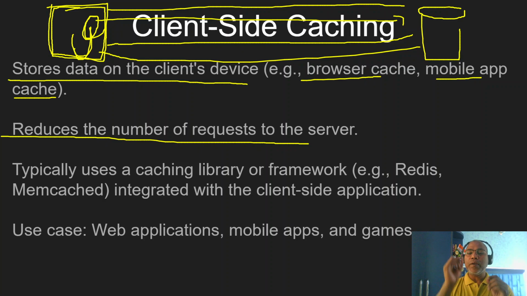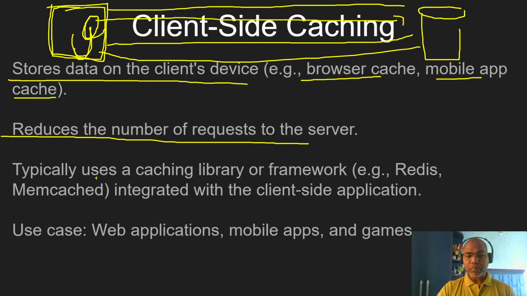Maybe you are refreshing the page, or going to the next page and coming back to the previous page. In this way, our application is not going to call the network to get the data. The same goes for whatever client devices we are using, browser, mobile apps, laptop, computer, anywhere it is possible to store.